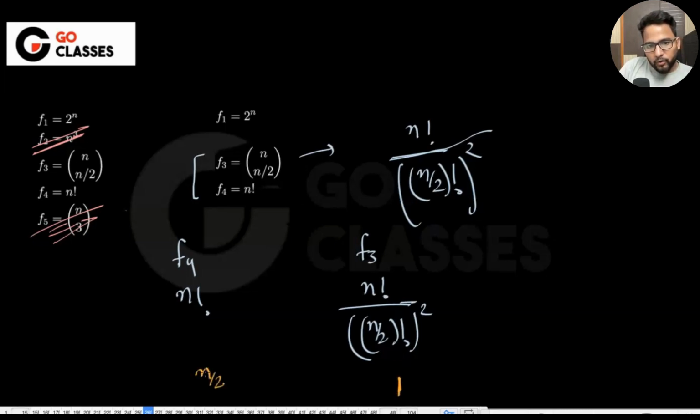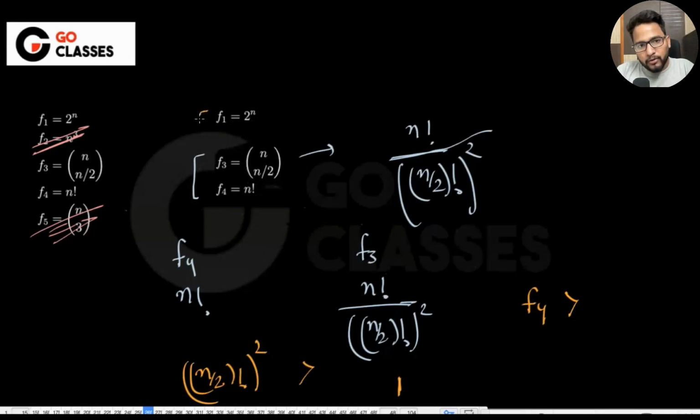It will be n by 2 factorial square. So I think it is strictly greater. So F4 is strictly greater. So this n factorial is actually strictly greater than F3 and F1. So can I say that F4 is very, very greater? It is actually greater than this F3 and F1. Can I say? Now, one thing is for sure that this F4 is greater.